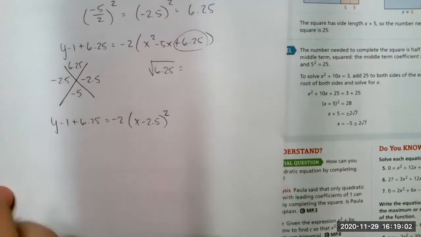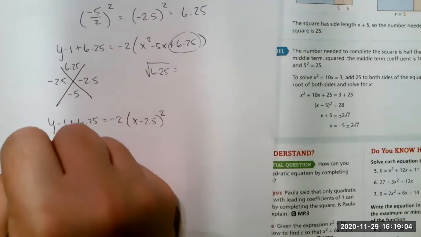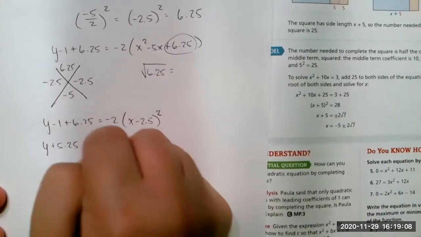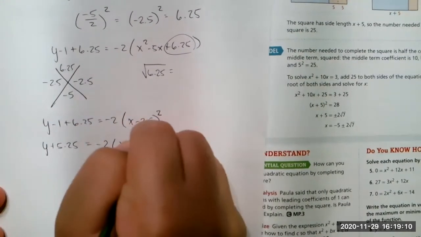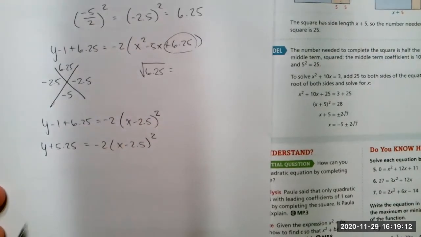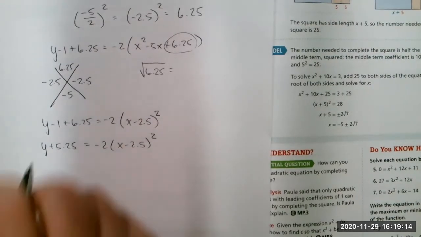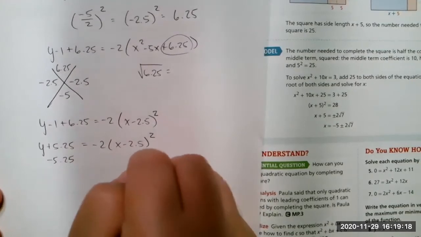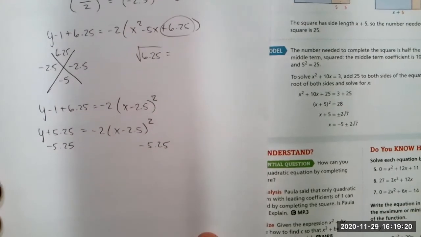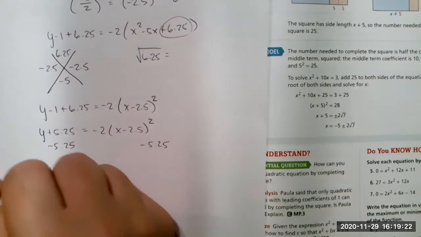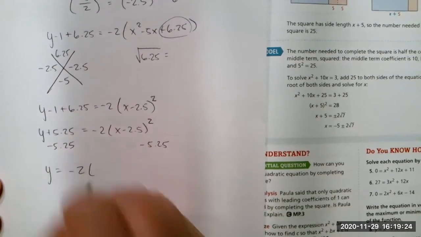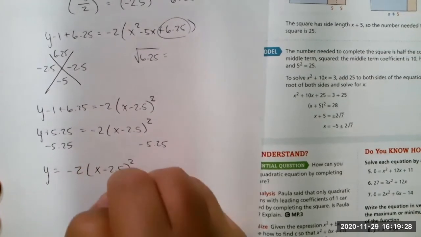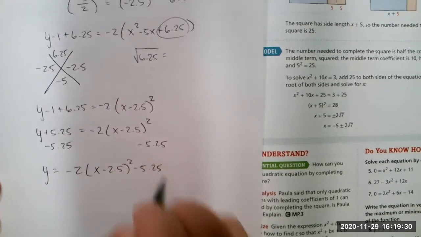So negative 1 plus 6.25 is 5.25. Negative 2 times (x minus 2.5) squared. And then I'm going to go ahead and bring this constant back over to the right. So I'm going to subtract 5.25 from both sides. And then finally, I'll have y equals negative 2 parentheses x minus 2.5 squared minus 5.25.